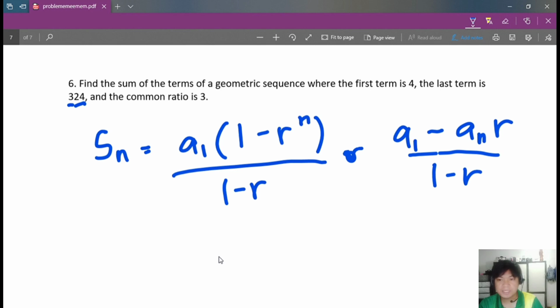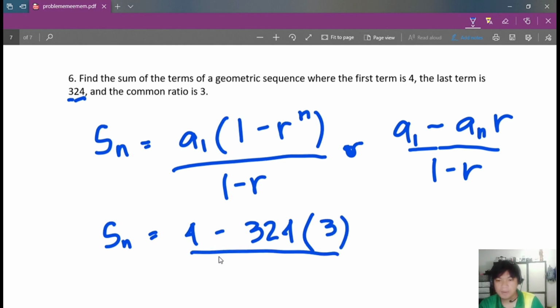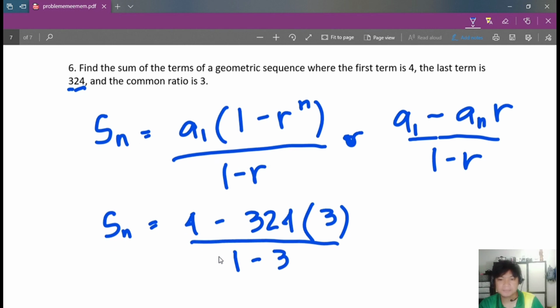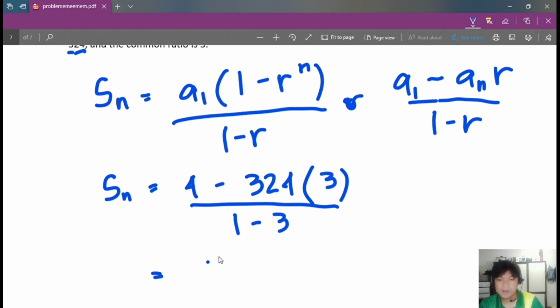So, that is find the sum of the terms of geometric sequence where the first term is 4 and the last term is 324. So, the sum of the geometric sequence is, the first term is 4 minus 324 times the common ratio natin is 3 all over 1 minus 3. So, yan. So, 4 minus, what is 324 times 3?